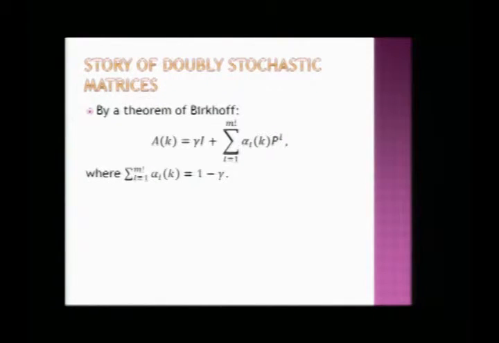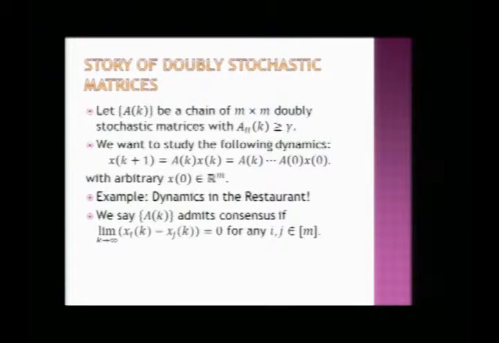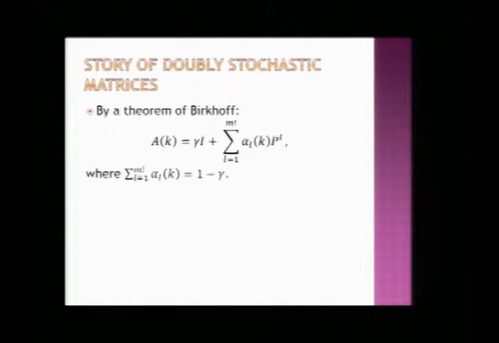Now there's a very cool theorem by Birkhoff, which says that if you have a doubly stochastic matrix, you can write it as a convex combination of permutation matrices. Now suppose that we have a doubly stochastic matrix such that the diagonal entries are greater than some gamma.